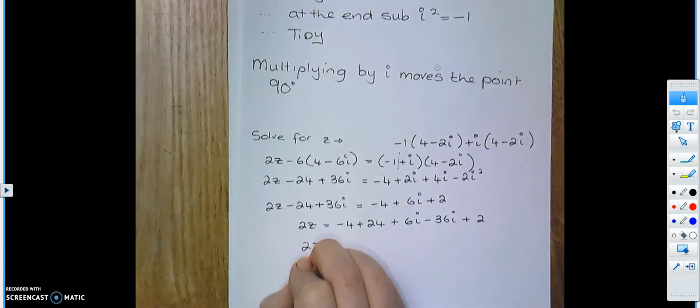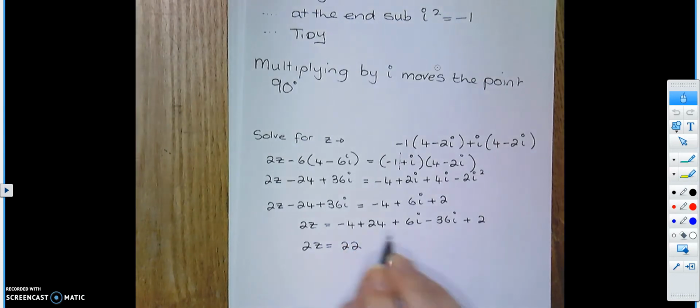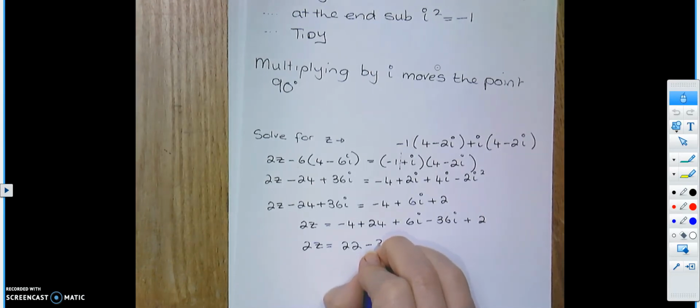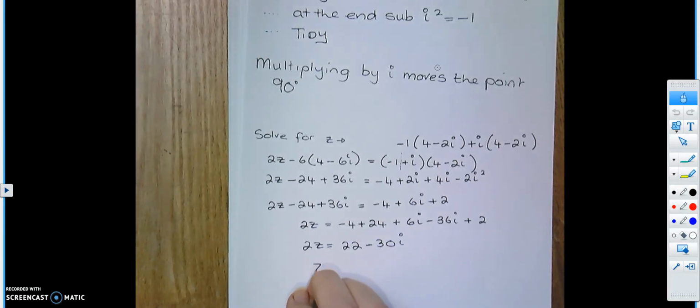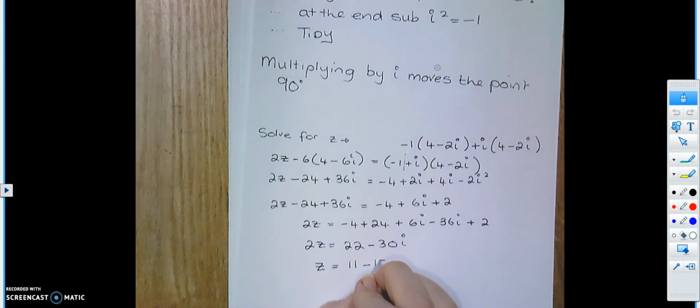So 2z is equal to 24, take away 4, which is 20. 20 plus 2 is 22. 36 minus 36 plus 6 gives me minus 30i. That's 2z. I want z on its own, so z is equal to 11 minus 15i. And that would be that sum done.